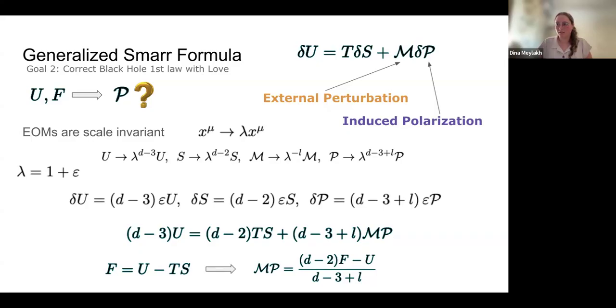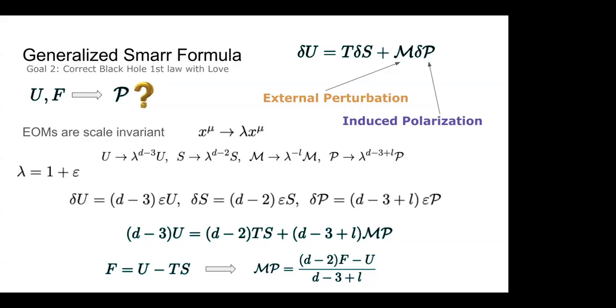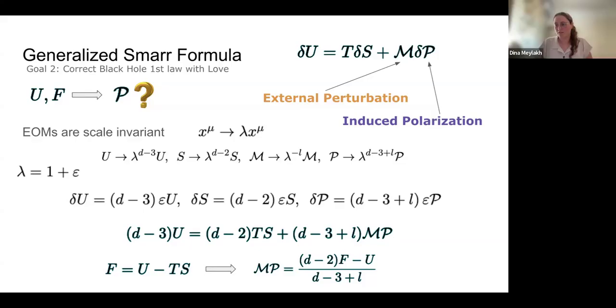But specifically here, to answer your question, we never calculated how the area changes or how the entropy changes. But the definition of P requires you to fix S, right?